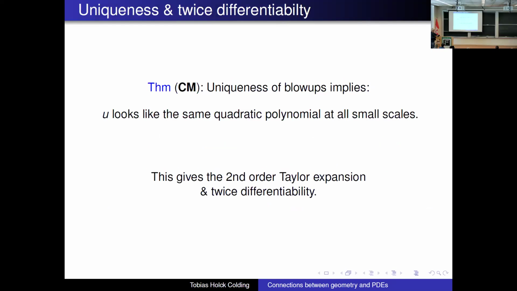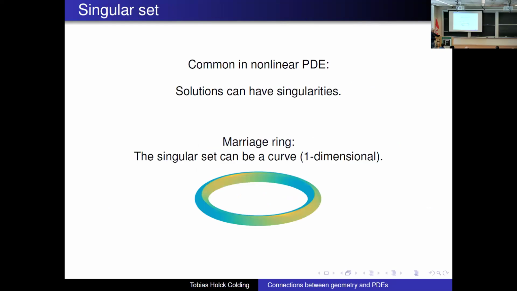Okay, so I know I'm basically out of time. Again, uniqueness of blowup implies that it looks like the same quadratic polynomial on all small scales. Using uniqueness, I'll just say that word and then I'll stop. I won't get to these results.